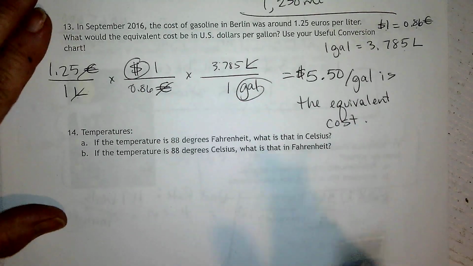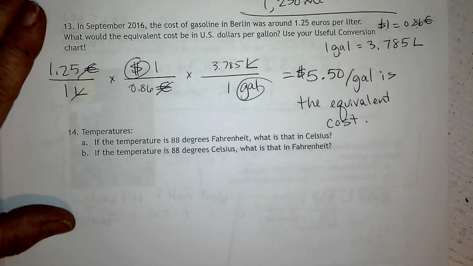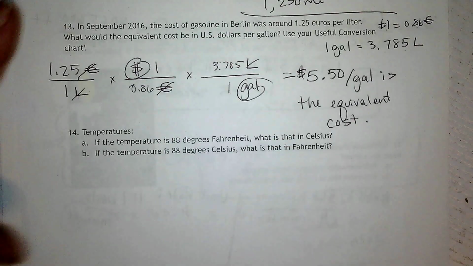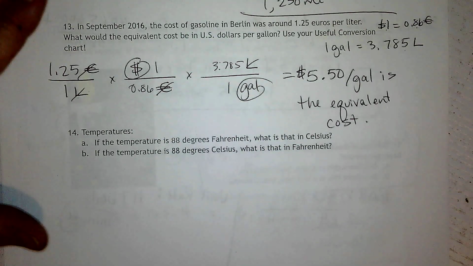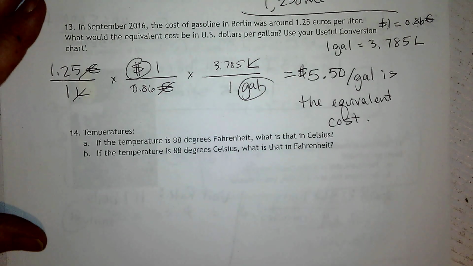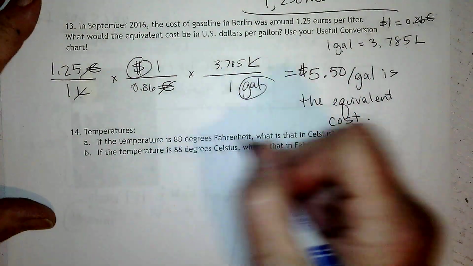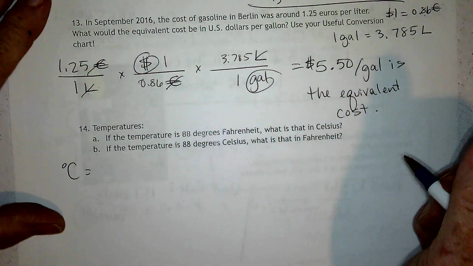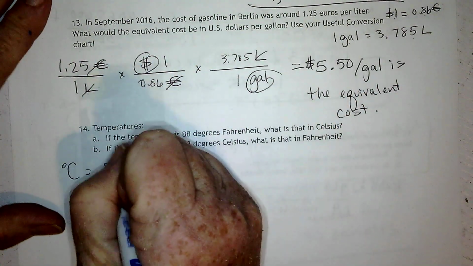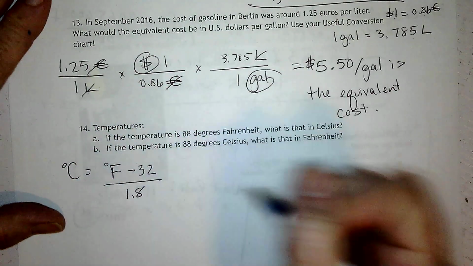All right, temperatures. We need to go from Fahrenheit to Celsius, and then from Celsius to Fahrenheit. Let me look these up real quick because I never remember these. To find Celsius, take the Fahrenheit, subtract 32, and divide by 1.8.